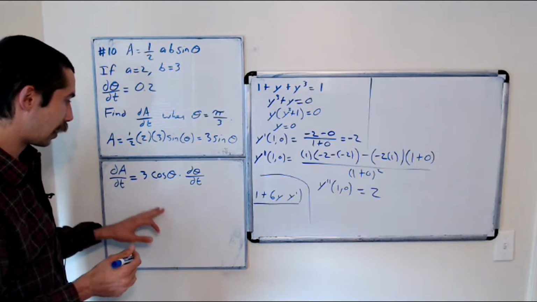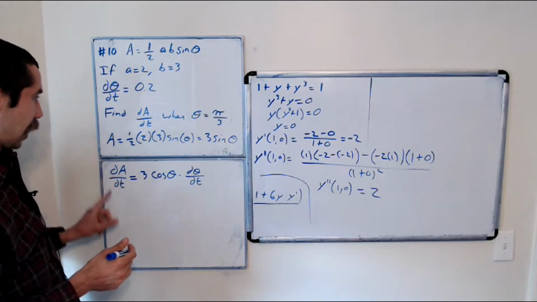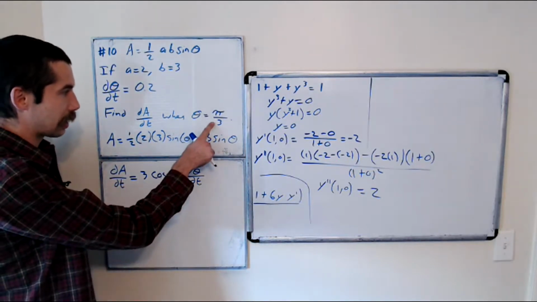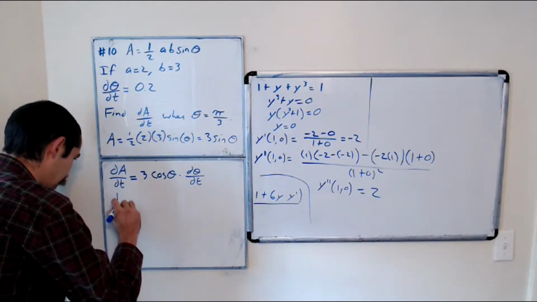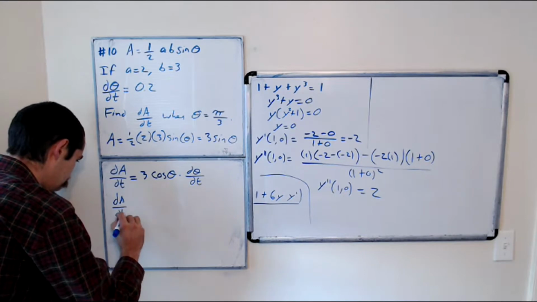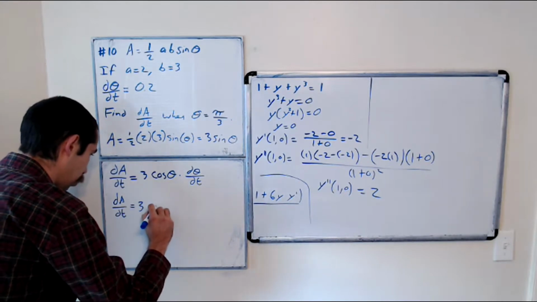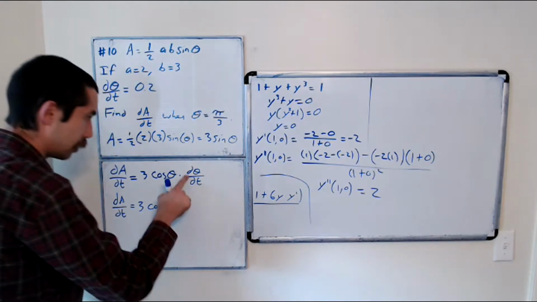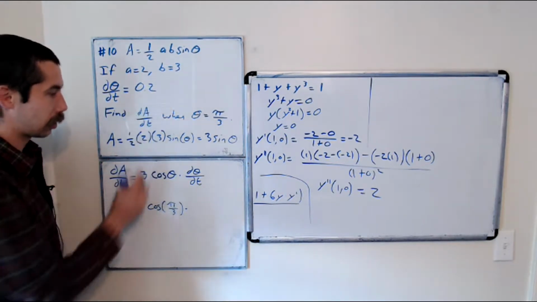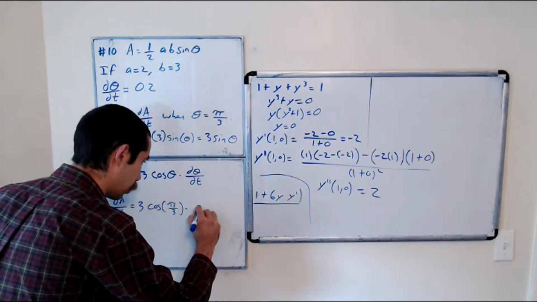Okay, and we want to find dA dt when theta equals pi over 3. So let's plug in all the information that we're given. dA dt is equal to 3 cosine pi over 3 times d theta dt, which is 0.2. So times 0.2.